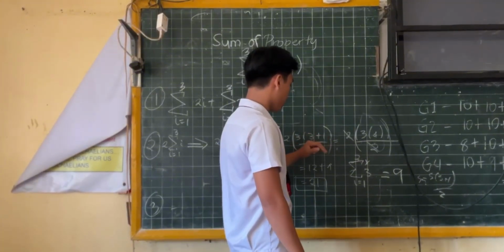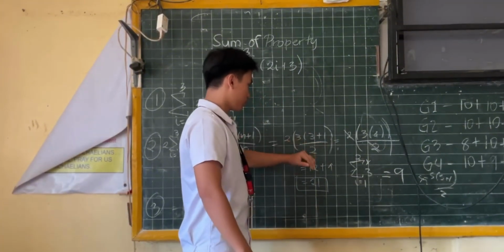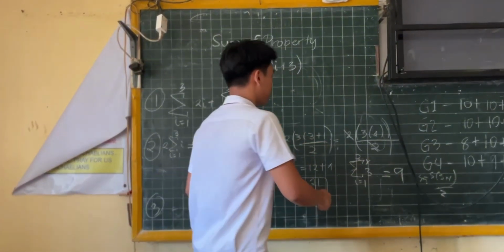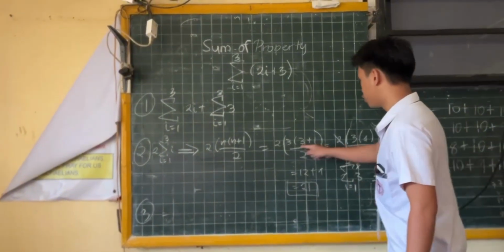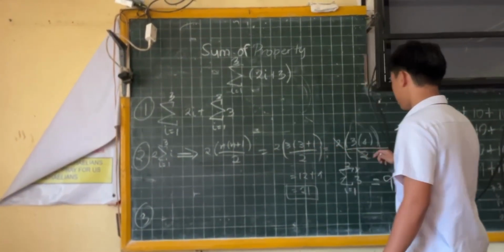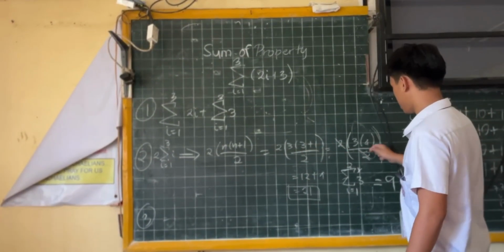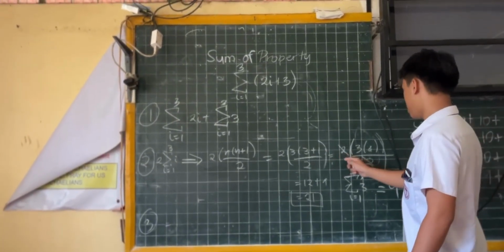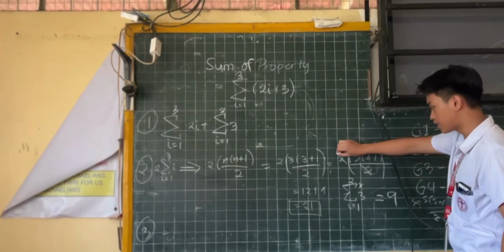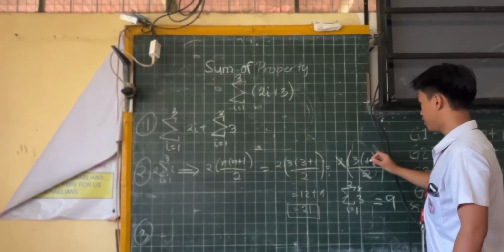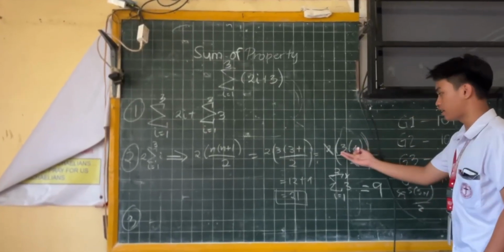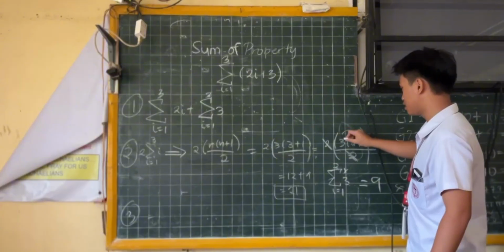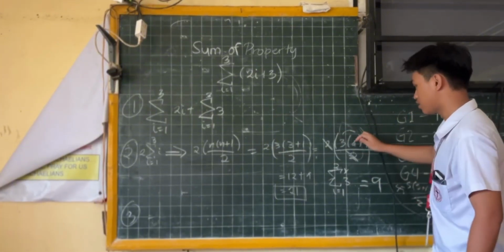Plus 1 over 2. So next we need to add this first, and the result is 4. Next, as we can see, there's the same constant, so we need to cancel these two. And as we can see, we can multiply it. So the result is 12.